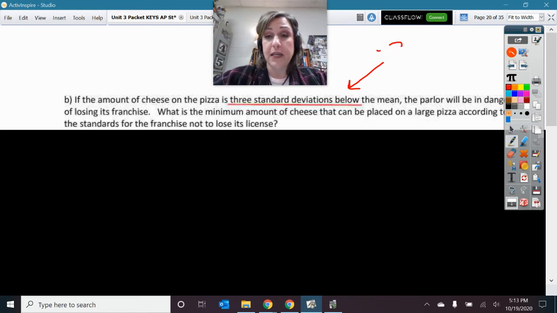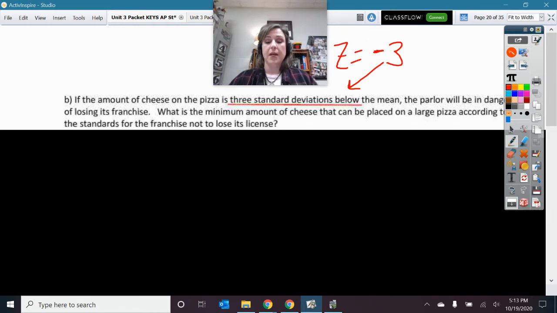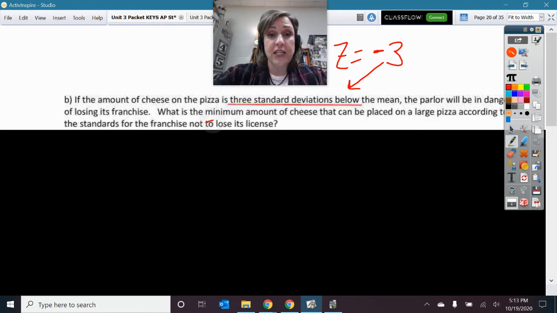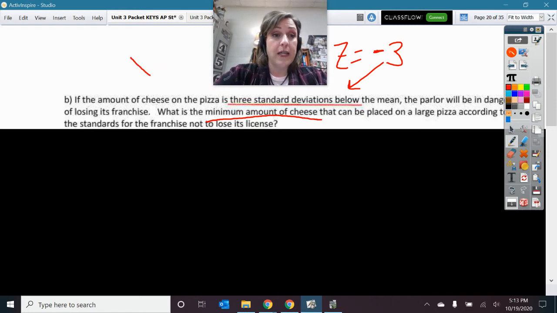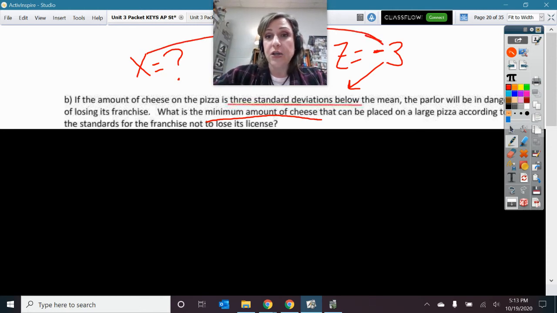So that's telling me right now at this point that Z equals -3. All right, so what's the minimum amount of cheese that needs to be placed? So that's saying, what is X? I don't know. What's that context value? How many ounces are at this location of -3 standard deviations down?